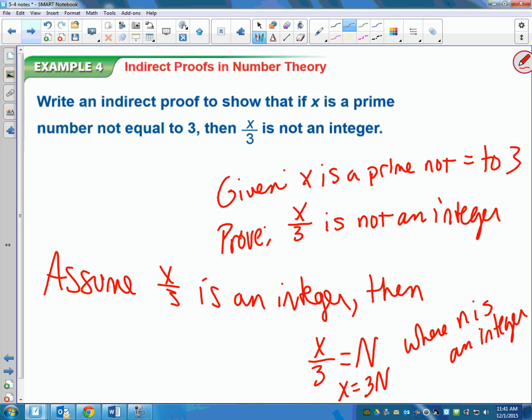Can x be a prime number if I get x equals 3 times some integer? I'm doing it very abstractly. I think you could just pick values for x and make it untrue as well.